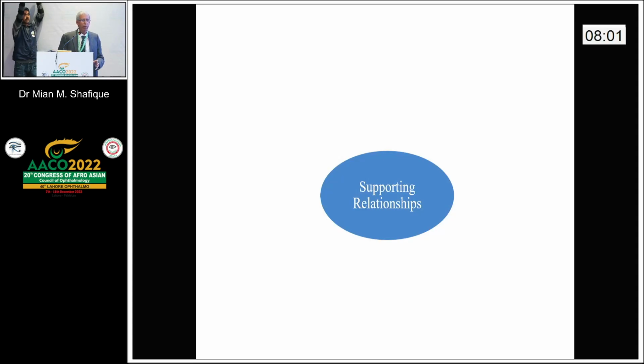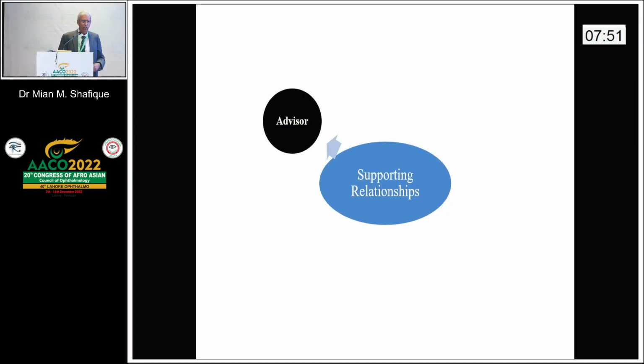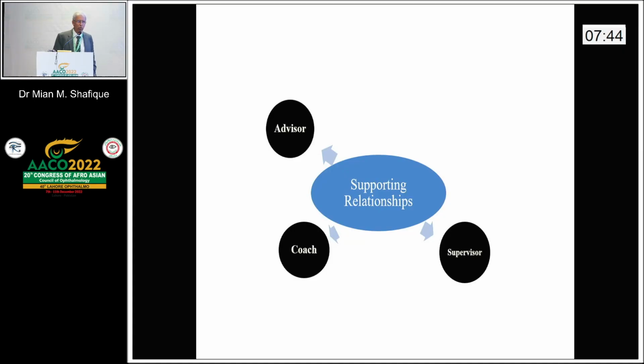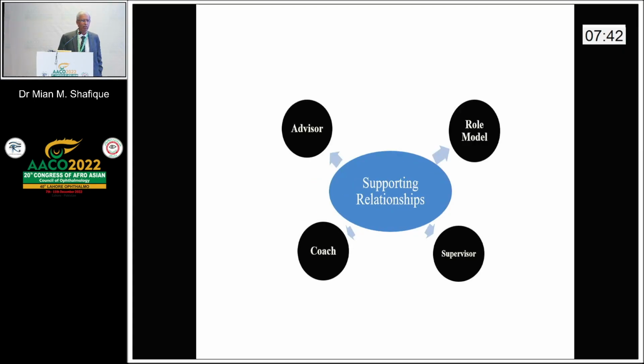Was there a chance? This person could have been in the form of an advisor, a coach, your supervisor, your teacher. If this had been done and you had not made that mistake, saving your loss in the future, that person would be called your mentor.